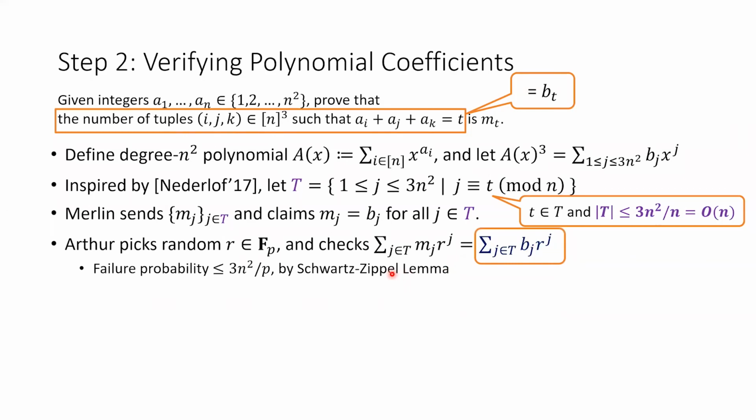And by the Schwartz-Zippel lemma, if the claim is false, then Arthur can catch it with a very good probability. And in order to check this equality, he needs to evaluate both sides. The left-hand side is easy to evaluate. So the problem is how to evaluate the right-hand side.